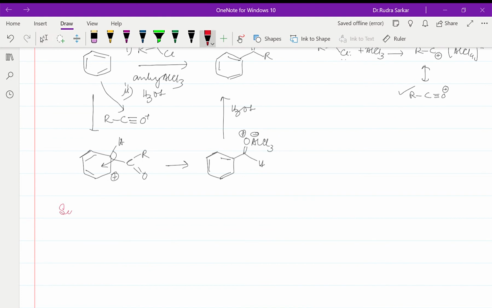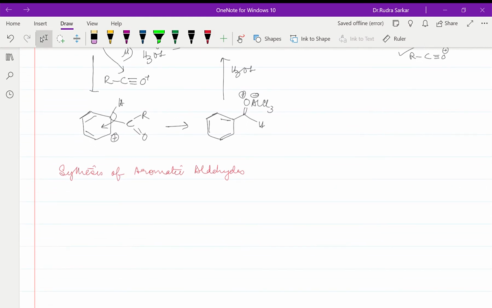Now, if we were to synthesize aromatic aldehydes, in that case one can do it from toluene to benzaldehyde using the Etard reaction.